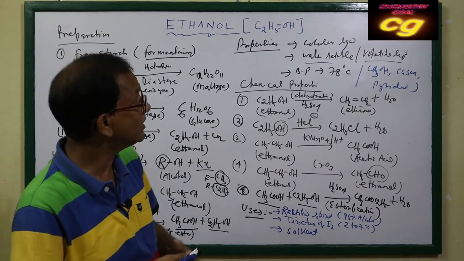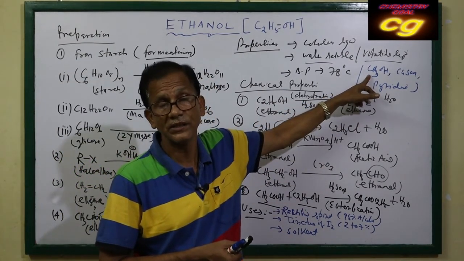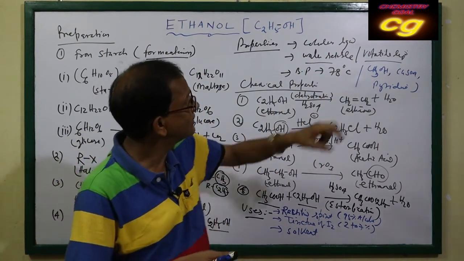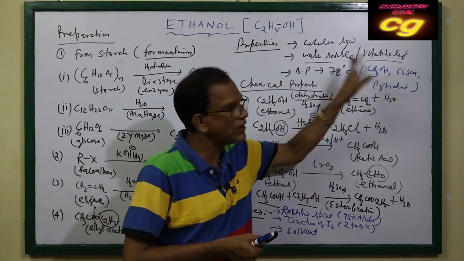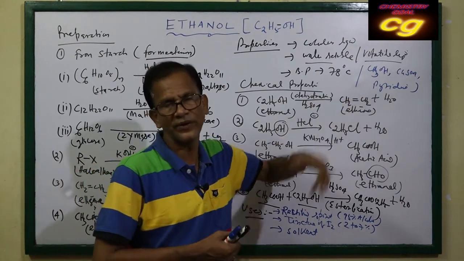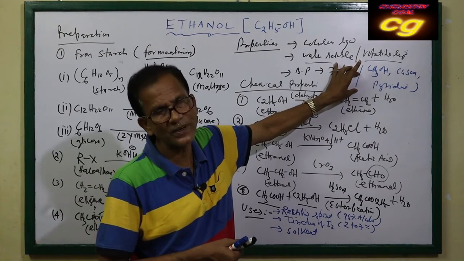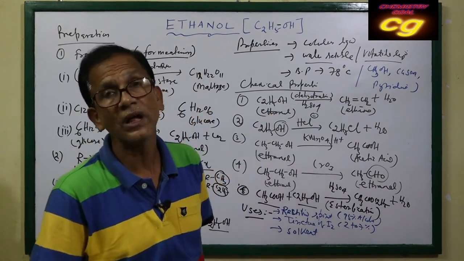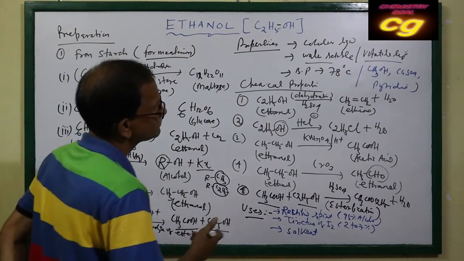You cannot use it because methanol causes blindness. If methanol is added to ethanol, it causes blindness. Similarly, copper sulfate and pyridine also have a negative effect on the body. So ethanol containing these substances is called denatured alcohol.